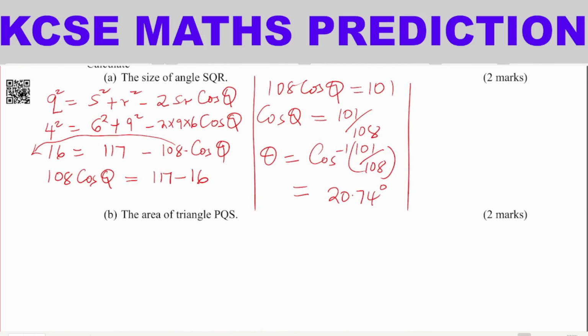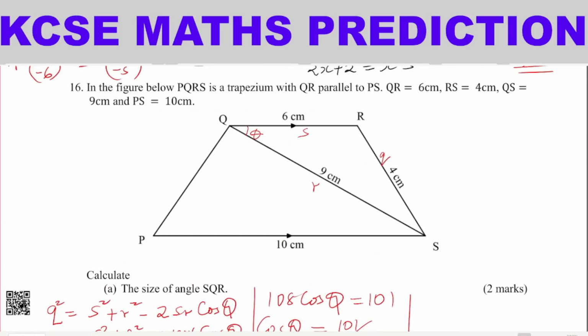And the next thing that you need to get is the area of triangle PQS. So look at that triangle, triangle PQS. So you need to get the area of that triangle. So one thing that you need to realize is that this line is parallel, that is a QR being parallel to PS, and therefore QS will be a transversal, and you know the properties of angles in a transversal.